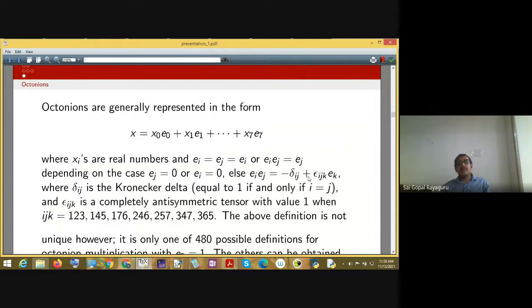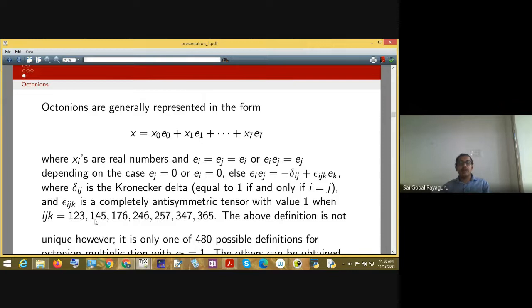delta ij plus epsilon ijk times ek, where delta ij is the Kronecker delta function. Whenever i is equal to j, the value is 1, otherwise it is 0. And epsilon ijk is a completely antisymmetric tensor with the value 1 for particular values of ijk, namely 123, 145, 176, 246, 257, 347 and 365.